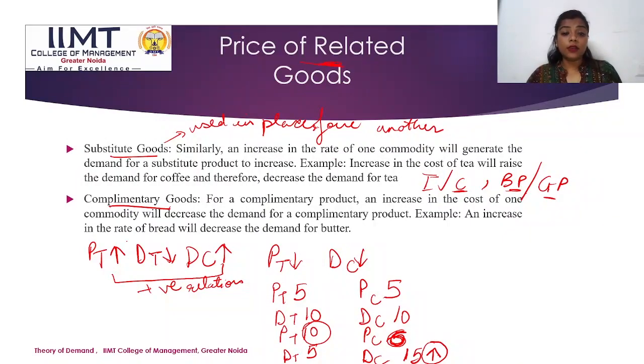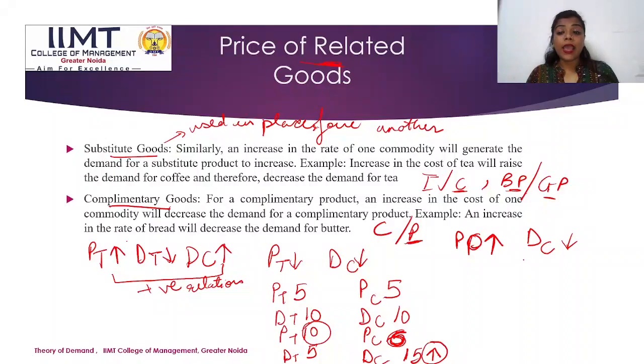Now talking about complementary goods. Complementary goods are those goods which complete the demand for one another. Like if I talk about car and petrol. A car will be used only if we purchase petrol. So if the price of petrol increases, the demand for cars will automatically decrease.